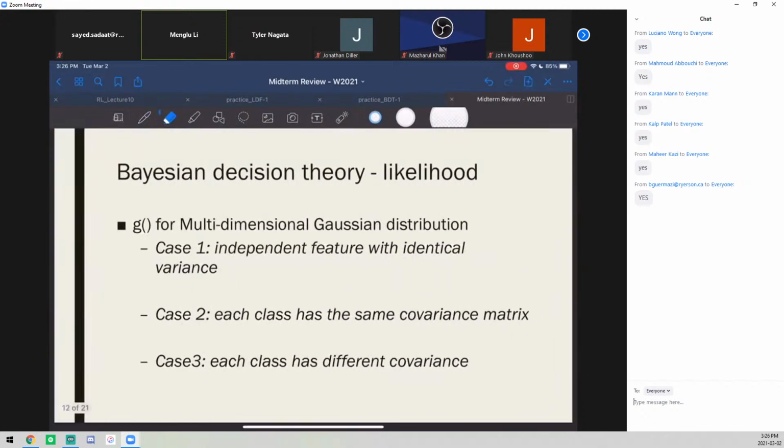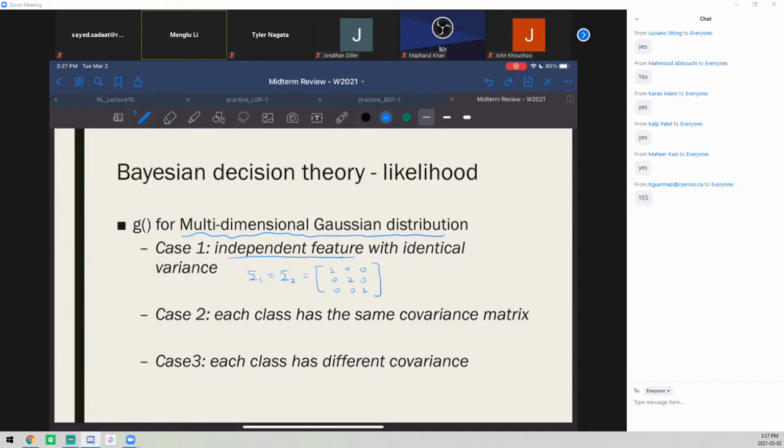The first case is that each class has independent features with identical variance, meaning each covariance matrix can be written as this. So that's the first case.